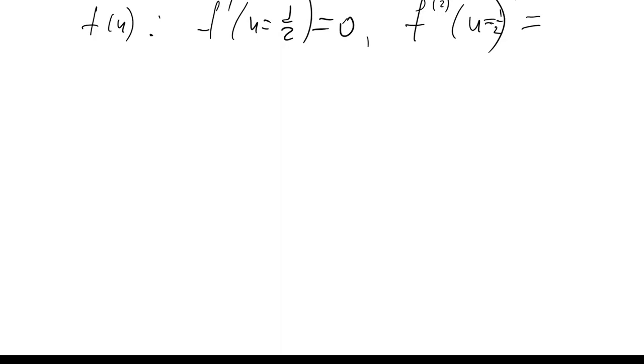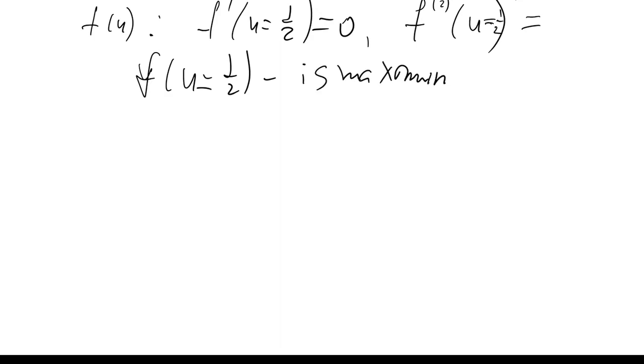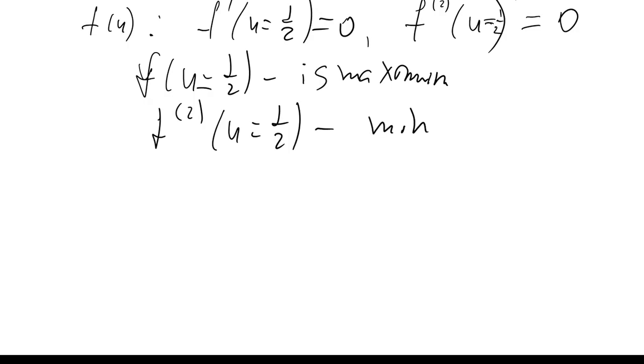So here f when u is half is a maximum, and here it's 0; the second iterate of f when u equals half is a minimum.